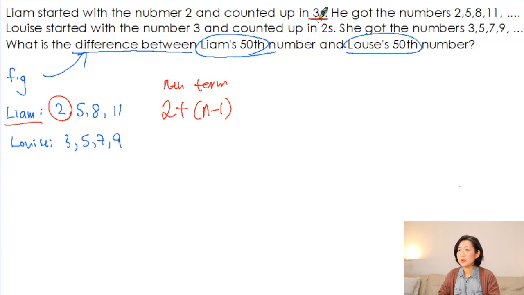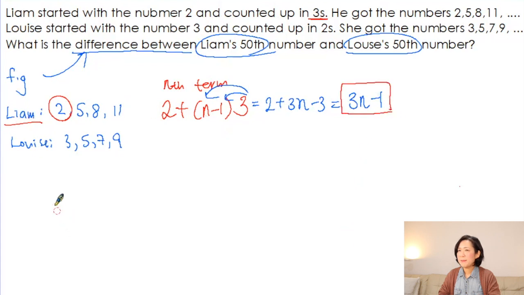Then it already says in the question that the numbers go up in counts of 3s. That means this is a linear sequence. So now times 3: 2 plus 3(n-1), expanding the bracket, 3n minus 3, and then let's simplify to 3n minus 1. Now we come up with Liam's formula, 3n minus 1.